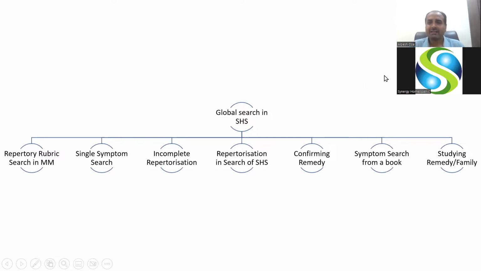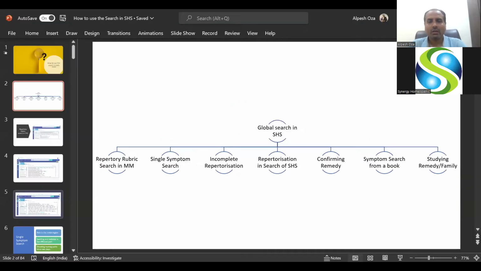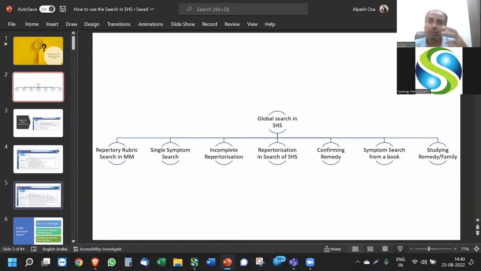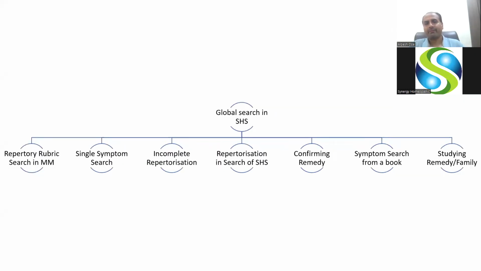And the last but not the least, of course, because I had to make it as concise as I could, is studying a particular remedy or family in the search option of SHS.